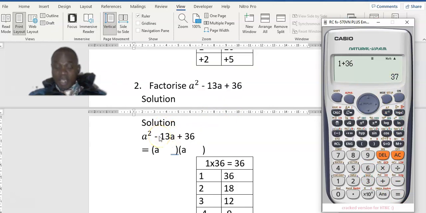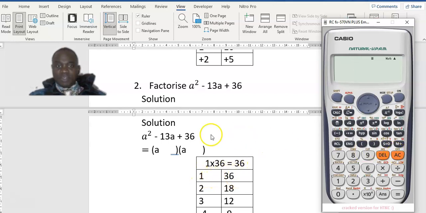No. Okay. Let's look at negative 1 minus 36. Why are we using minus? Remember, we said when the last term is plus, it can be plus, plus, or minus, minus. So we have to use minus 1 minus 36.